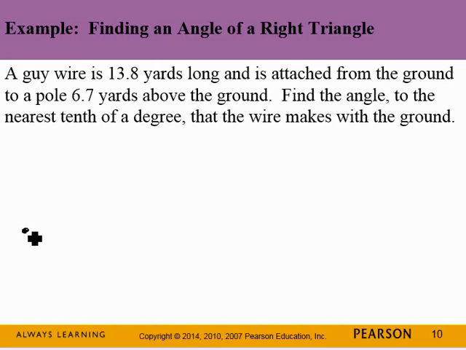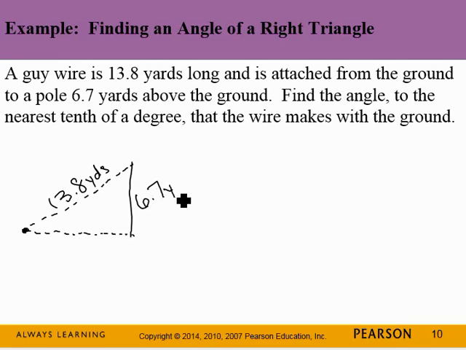So here's where it's attached to the ground, and here's my pole. So you know your guy wire is 13.8 yards long, and it's attached to the pole at 6.7 yards above your ground.